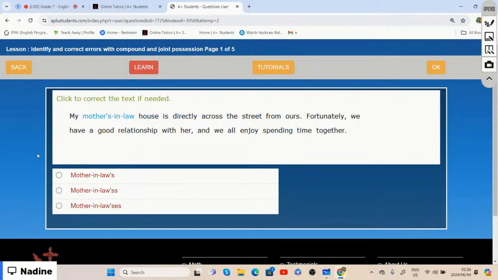Fortunately, we have a good relationship with her and we all enjoy spending time together. Now, remember we said the apostrophe needs to only be placed by the last part of that noun, right? The last part of the noun, which means that is going to be mother-in-law's apostrophe S, mother-in-law's apostrophe double S, or mother-in-laws.